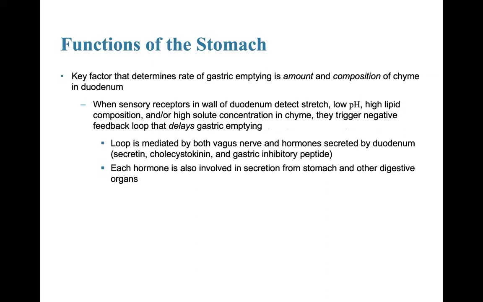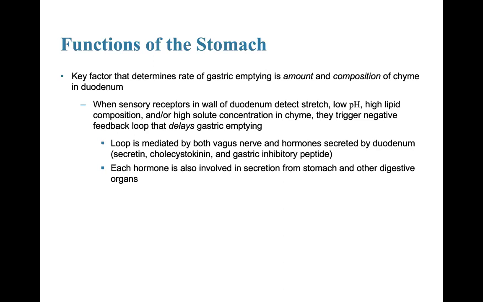Key factors that determine the rate of gastric emptying are the amount and composition of the chyme in the duodenum. When sensory receptors in the walls of the duodenum detect stretch, low pH, high lipid composition, and/or high solute concentration in the chyme, that triggers a negative feedback loop and that delays the overall gastric emptying.